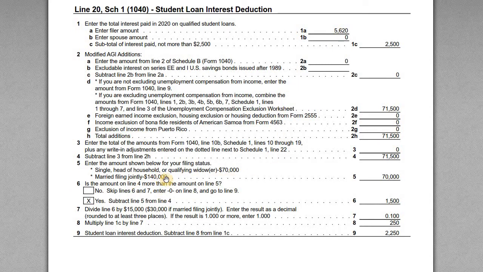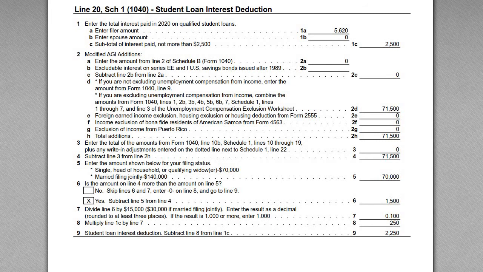For 2020, if you were a single filer and you made more than $70,000 in taxable income during the year, there are going to be some phase outs, so you're not going to be able to deduct the whole $2,500. If you were married filing a joint return, it's $140,000. That's where the phase outs start.